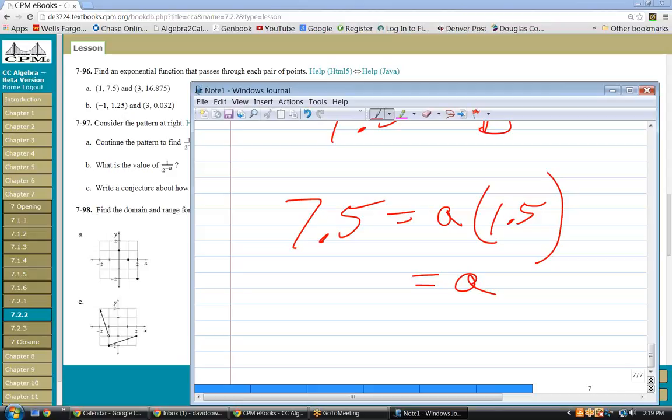Six? 5. Oh. 7.5 divided by 1.5 is 5. So we got A equal 5, B equal 1.5.